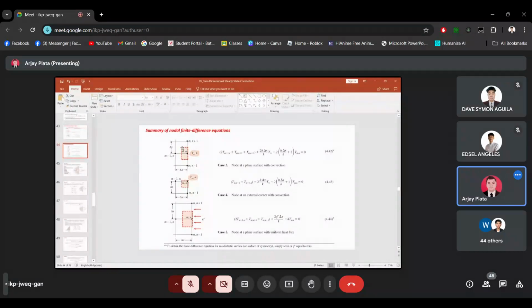However, the location will be different because in nodes 7 and 8 the fluid is located below. So there will be some rearrangement on these equations, but overall it will be our working equation. So, node at a plane surface with convection.